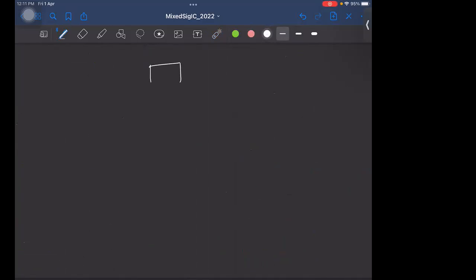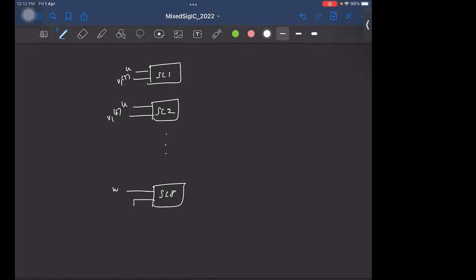So we'll have branch 1, branch 2, and so on. So we'll have 8 such branches. This will take the input and the DAC. So I'll say V1 of 6. You'll have 7 such things. And for the last one, you'll have only the input, nothing from the DAC.